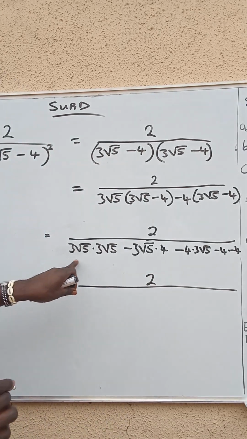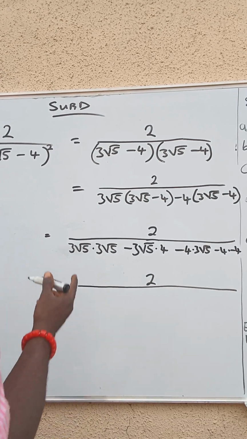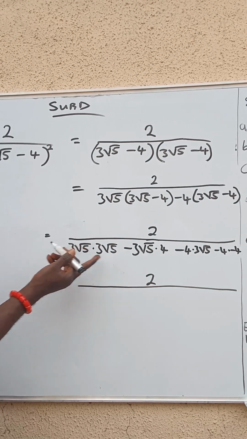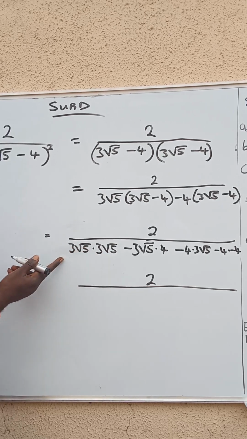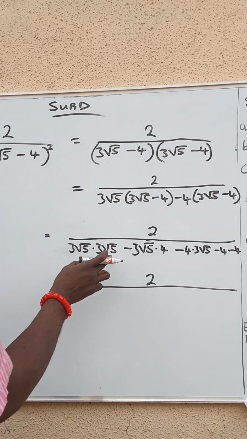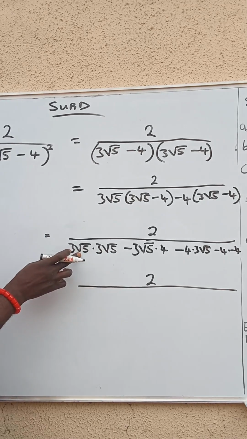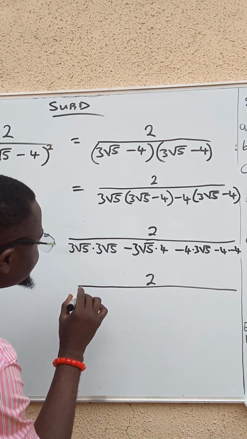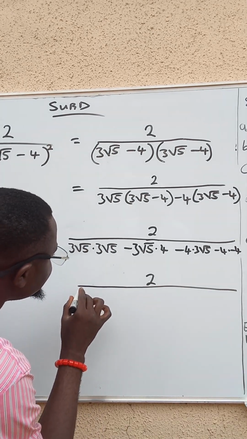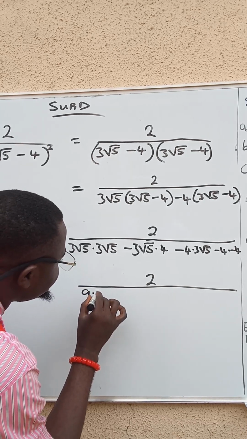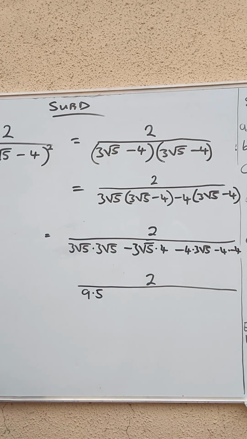Now look at it. 3 root 5 dot 3 root 5 is, we said in the multiplication law, that you must bring the first number out. 3 times 3. Then this one is root 5 times root 5, which is 5. So I now have 3 times 3 is 9 dot 5, right?